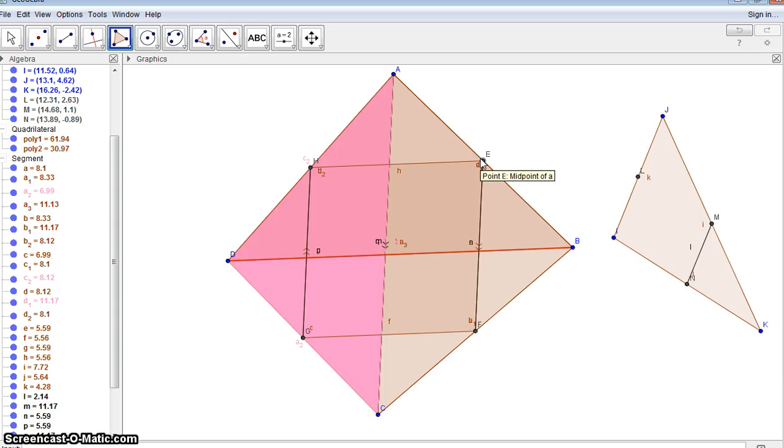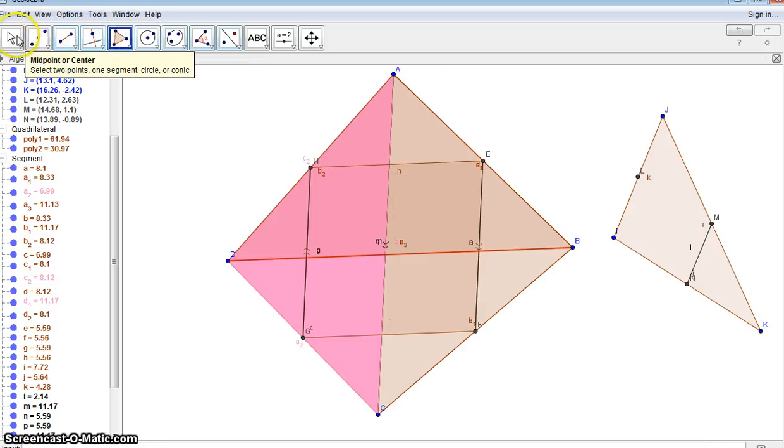HE is created by connecting the mid-segments of the triangle ABD, where sides AD and AB have mid-segments H and E. Therefore, HE must be parallel to DB and half the length of DB, according to the triangle mid-segment theorem.